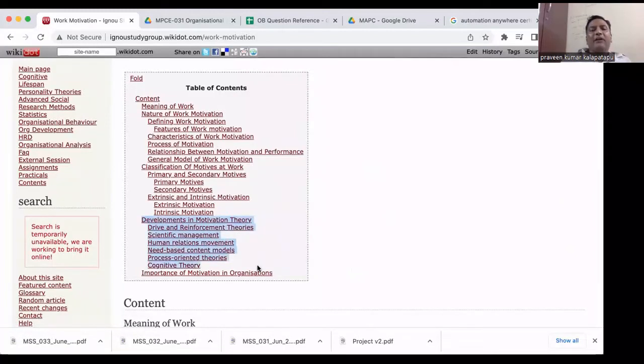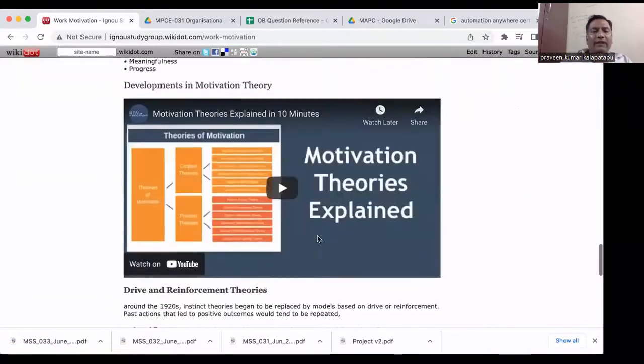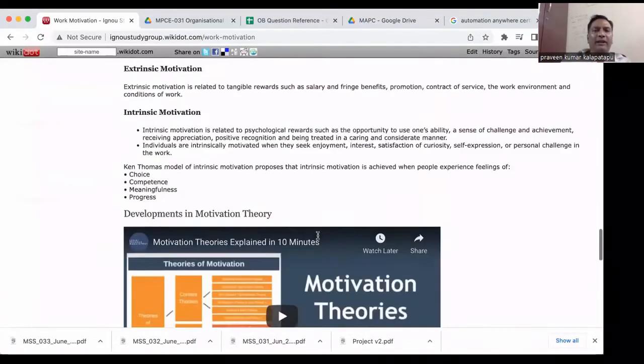This part of this unit talks about how motivation theories developed over time. Okay. But this actually sets a prologue to the next unit that we are going to learn. So how motivation theories came into existence, how the classification of the motivation theories came into existence, right? Net to net, to give you a very short synopsis before going into the next unit, right?